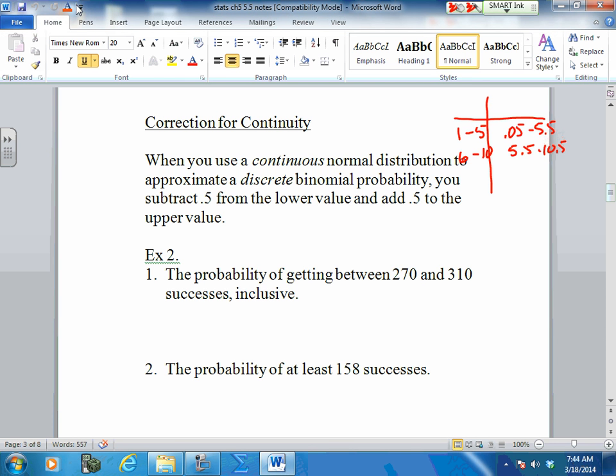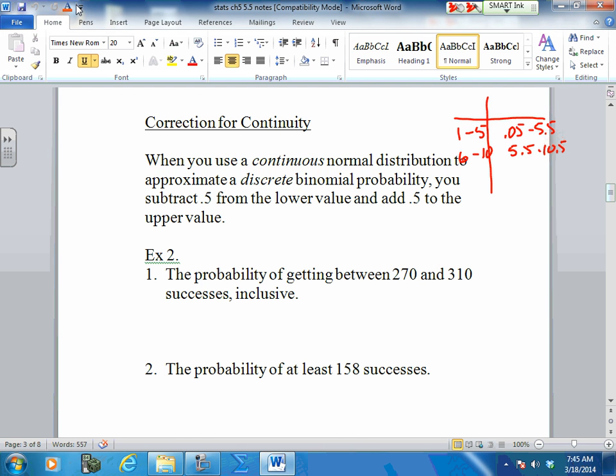If you look at where they do on the left-hand side on page 261, they have C in the middle. And then on the next part, they subtract the 0.5 and add the 0.5. So it's just like extending your bars, but we don't have to do it the whole time. So let's walk through a couple of examples.